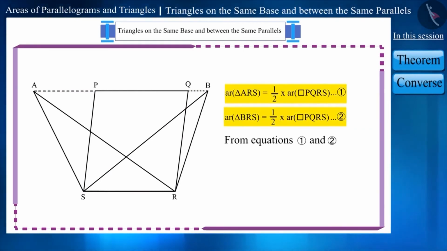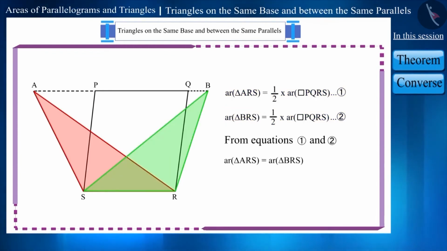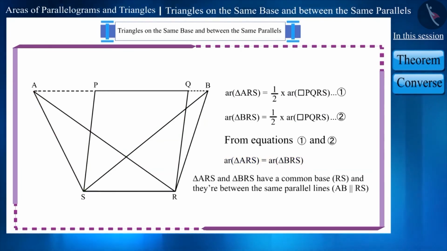If we look at these two situations, then we can say that the area of these two triangles is equal. That is, the area of triangle ARS and triangle BRS, which are situated on the same base RS and between the same parallel lines AB and RS, is equal.